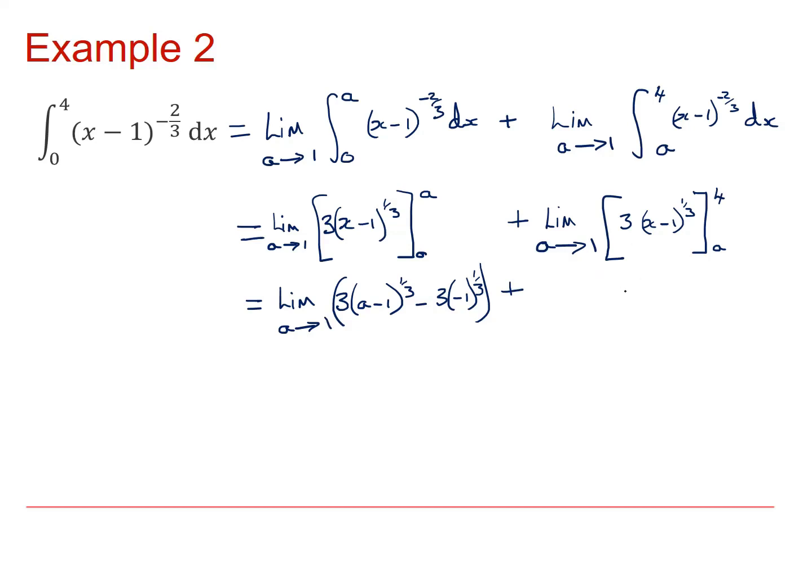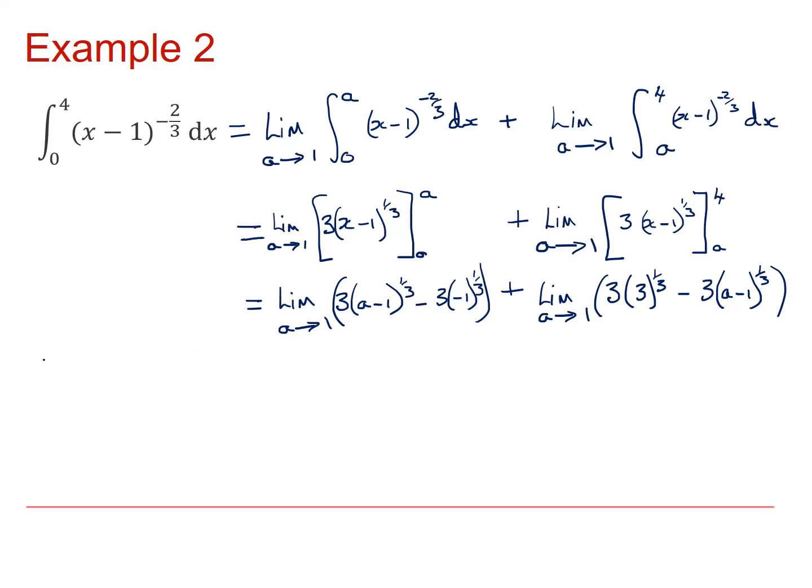Plus, from here I'm going to get 3 lots of 3 to the 1/3 minus 3 lots of (a minus 1) to the 1/3. And again, allow a to tend to 1.